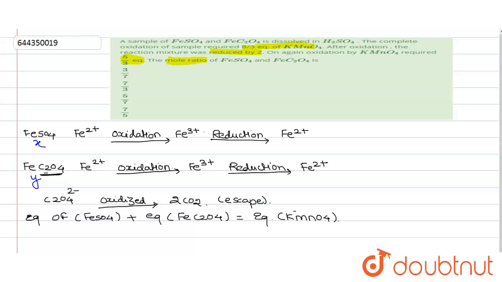Now the oxidation state of Fe over here is 2 and after oxidation it gets converted to 3, so the N factor will be 1. In the same way, here FeC2O4 is getting converted to Fe3+, and again the N factor will be 1. Now equivalent weight is equal to mole into N factor.